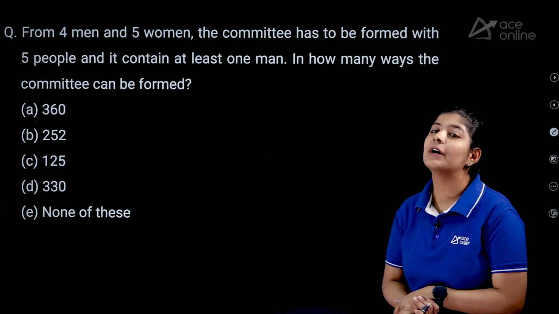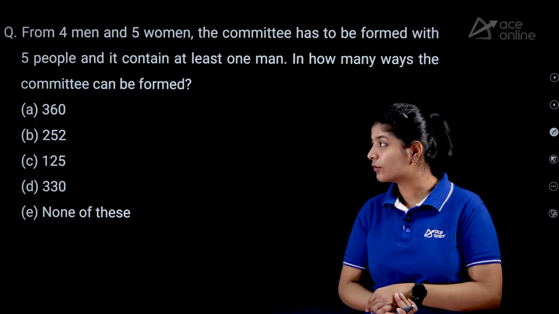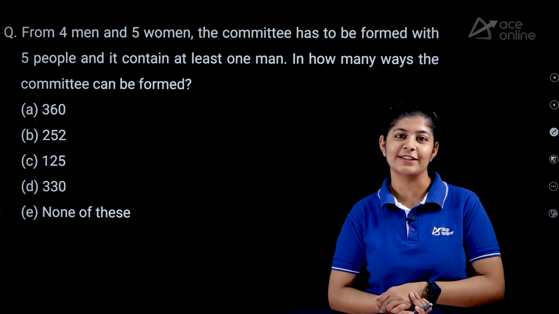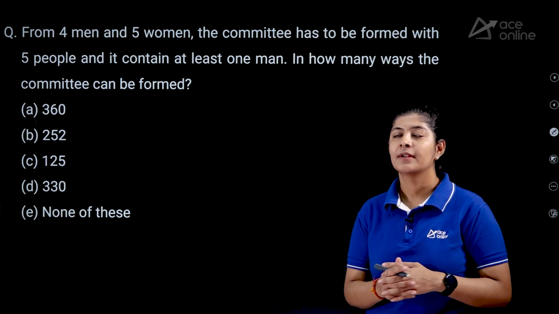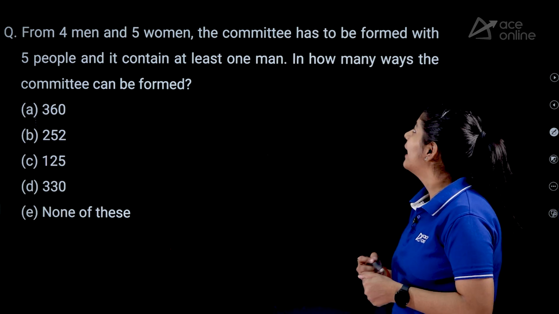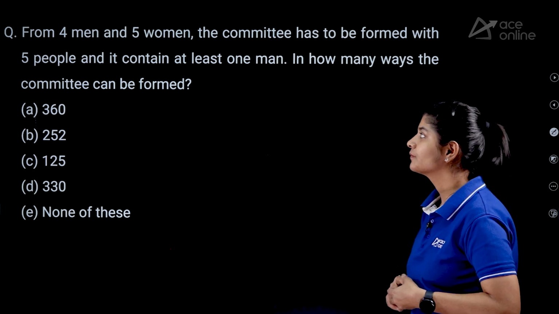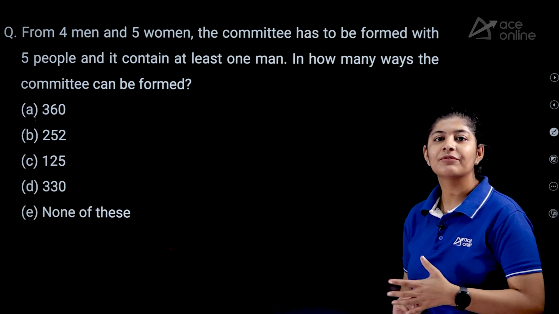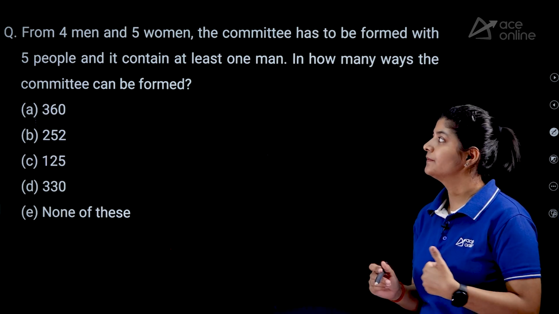You have to write your answer in the comment section so that we can cross-check your answer. In how many ways can such a committee be formed, where we have to contain at least 1 man?